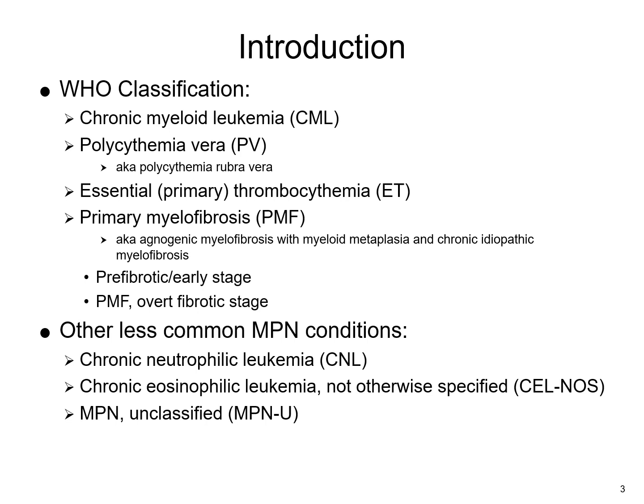The primary myelofibrosis can be further delineated into 2 stages, the pre-fibrotic stage as well as the overt fibrotic stage. And then there are a couple other less common myeloproliferative neoplasms, including chronic neutrophilic leukemia, chronic eosinophilic leukemia not otherwise specified, and myeloproliferative neoplasms that are unclassified.